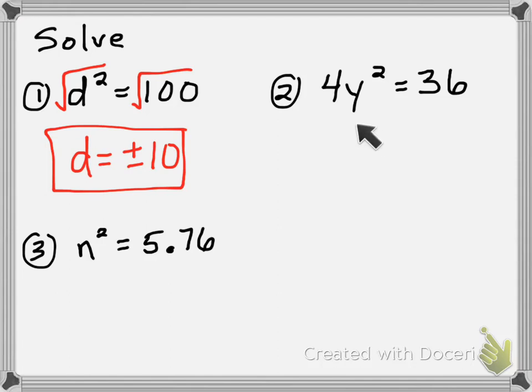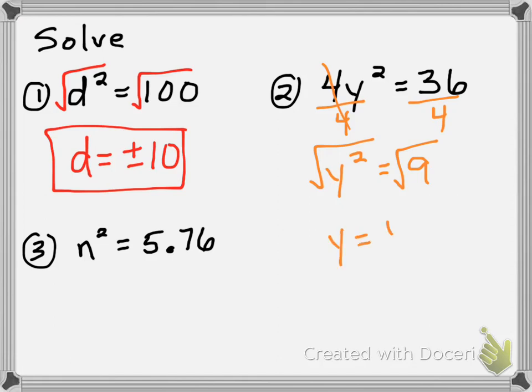Now number 2 is a little more complex because the square isn't by itself. But that's okay because we know how to get it by itself. There's a times 4, so to get rid of that times 4, I have to divide by 4. So I have y squared equals 9. Now that looks more like number 1. I've got the square by itself, so I can square root both sides.